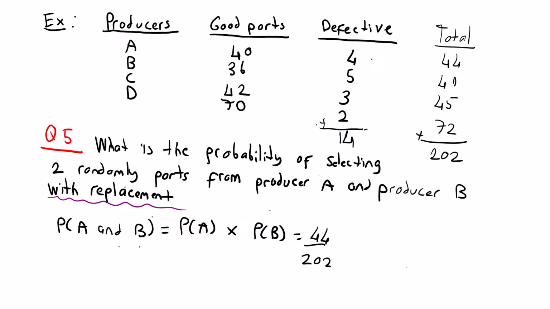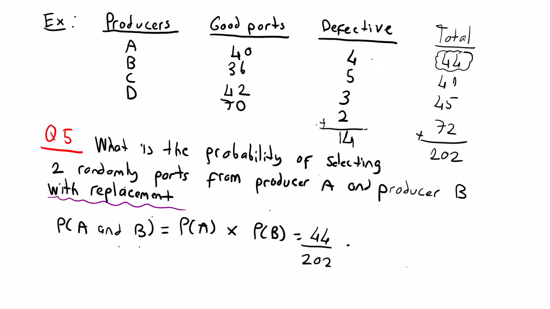We know how this figure is calculated because the total number of products from producer A is 44. So we pick up the item and return it to the container.